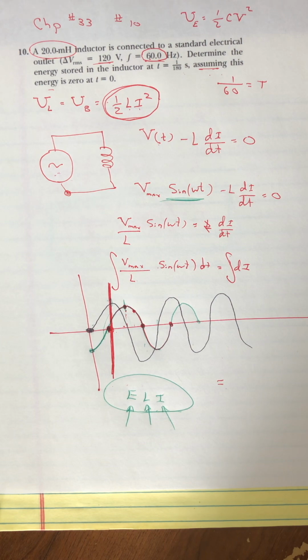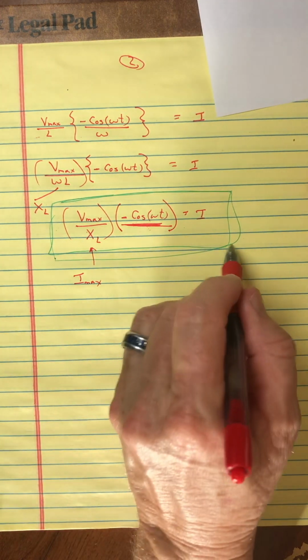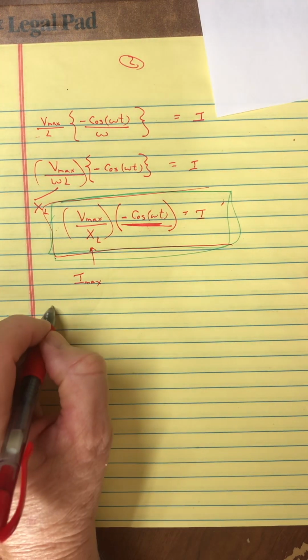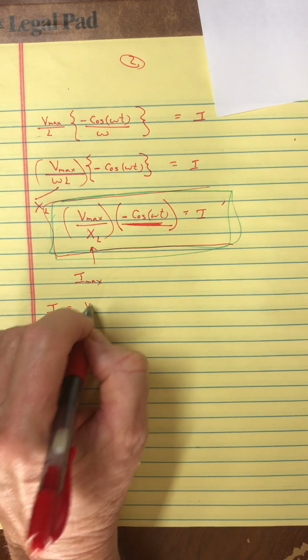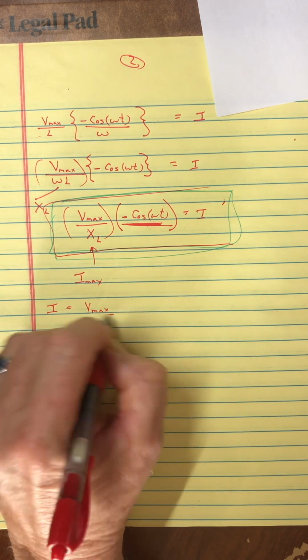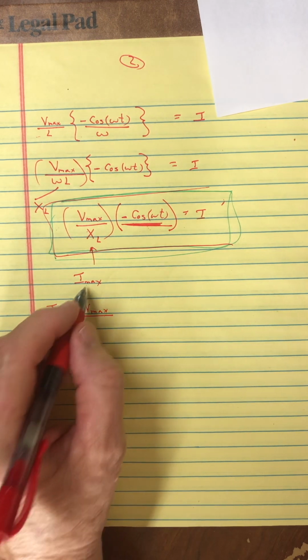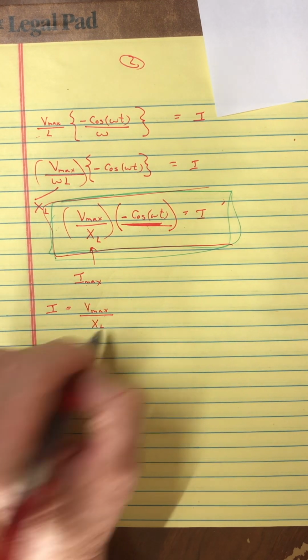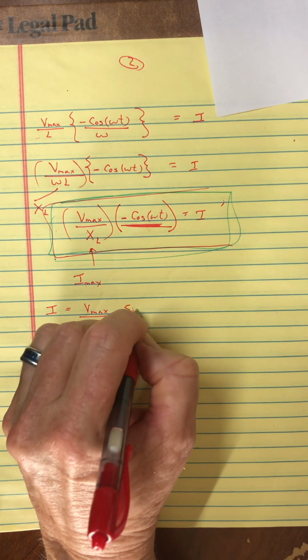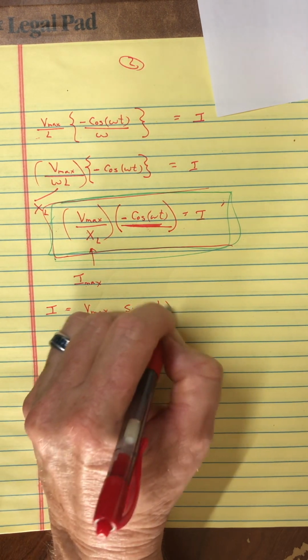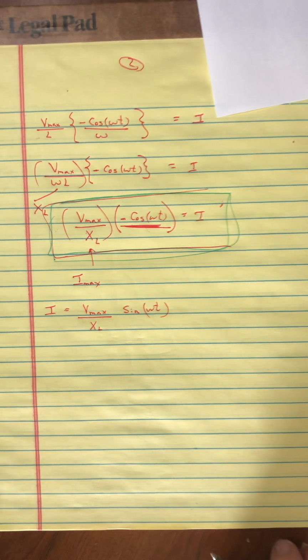Okay? But here's what I need to do then. What I need to do is readjust this equation we worked out in class. I need to write it as the maximum voltage divided by the reactance of the inductor, and now I need to write it as cosine omega t.